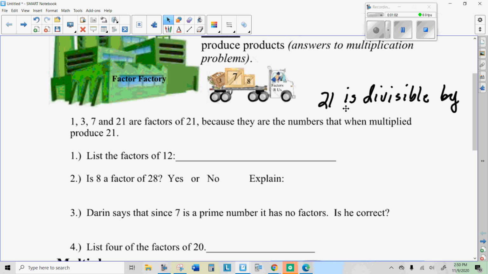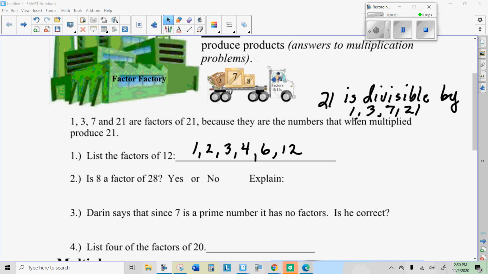So 21 is divisible by 1, 3, 7, and 21, because when you divide 21 by those numbers, you get a whole number. Okay? So go ahead and see if you can list all the factors of 12. Check back, see if you got it.